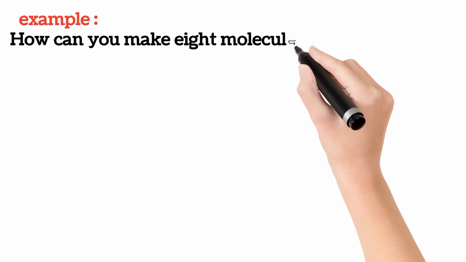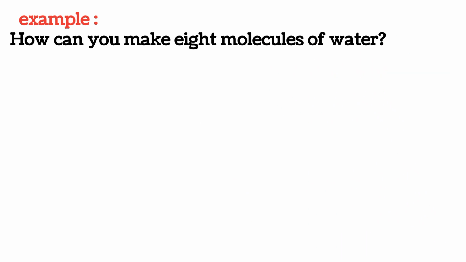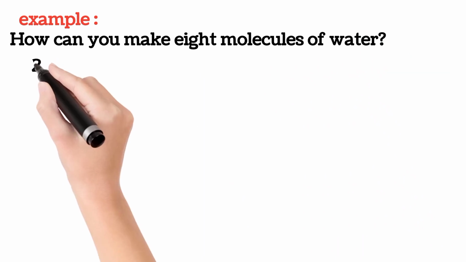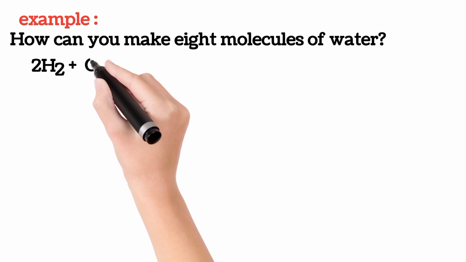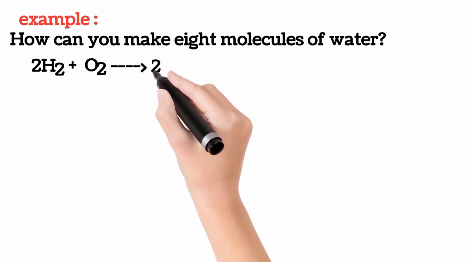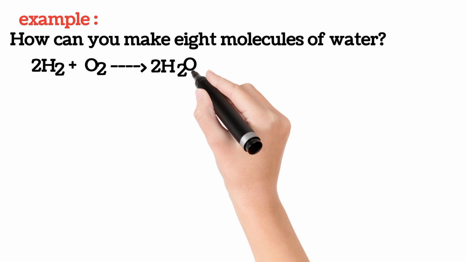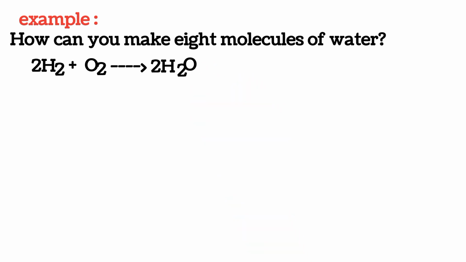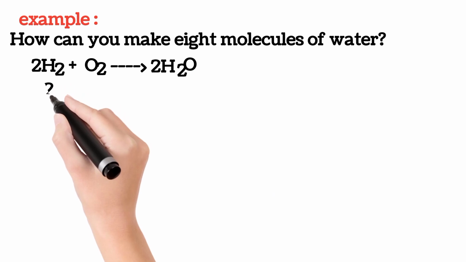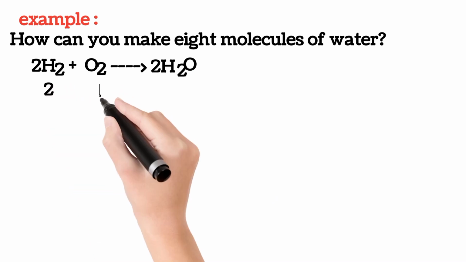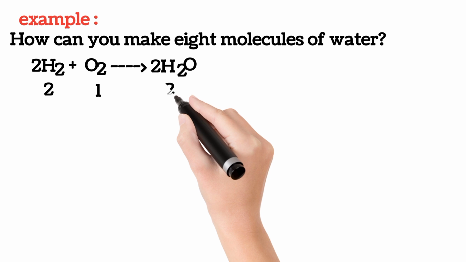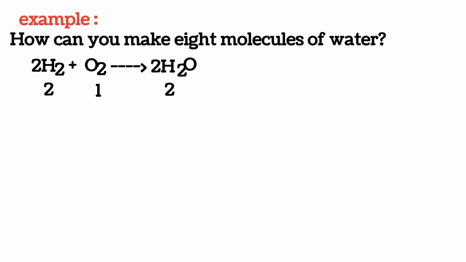Let's look at an example. How can you make 8 molecules of water? The equation is 2H2 plus O2 gives you 2H2O. That is the balanced equation. From this equation, we know that 2 moles of hydrogen react with 1 mole of oxygen to form 2 moles of water.